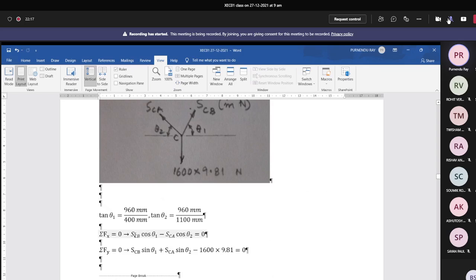Now when we replace that here in this equation, suppose we replace SCA in terms of SCB. So SCB is there, SCB is there. So we can find the ratio between this force and some angle, SCB divided by sine of some angle.